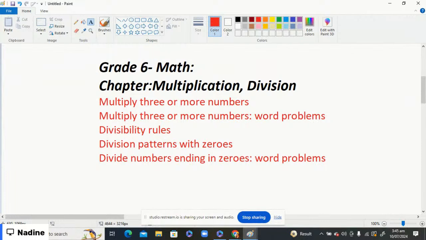For division, the chapter included divisibility rules, division patterns with zeros, and dividing numbers ending in zeros word problems. Okay, so this is what we have done. I hope you understand this lesson. Practice the questions, and make sure you practice all the questions before starting the next session.